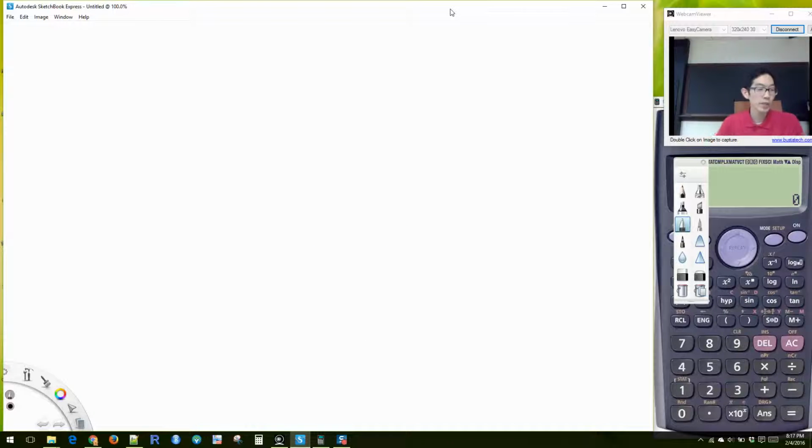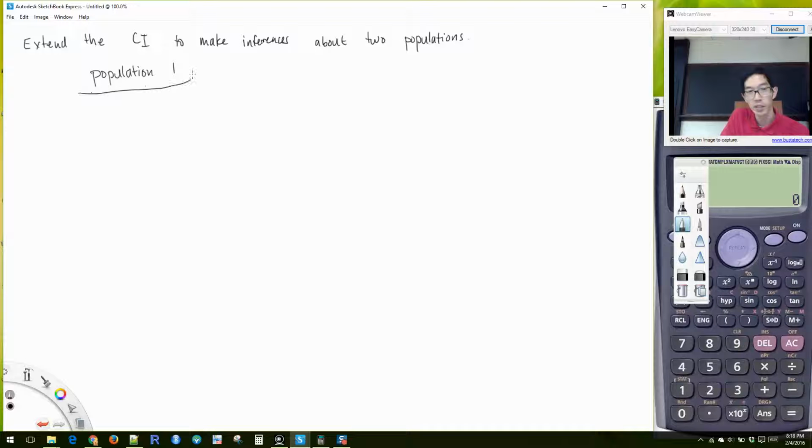Okay, so now we can extend the confidence interval to make inferences about two populations. Basically, you have population 1, and again, it's too big.